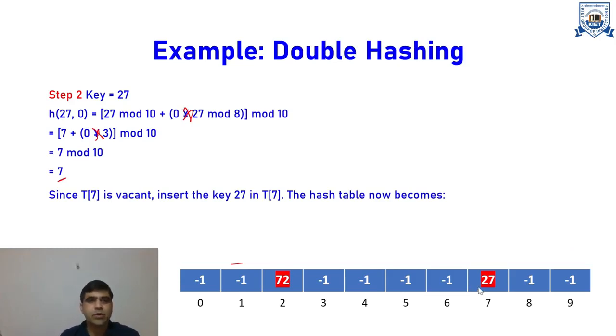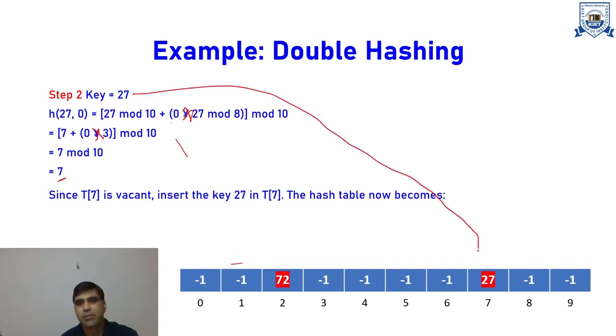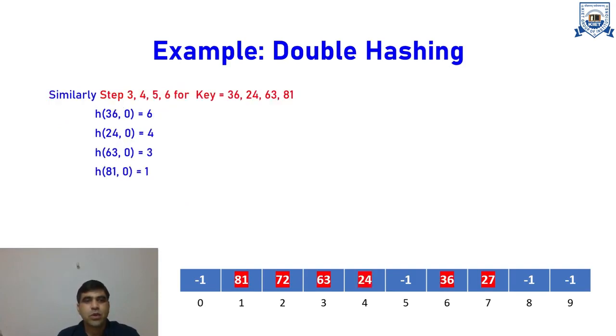So this key value 27 is mapped to address 7. No problem in this case also. We'll stop. For steps number 3, 4, 5 and 6, in each and every step we map one of the keys 36, 24, 63, 81 onto the hash table.